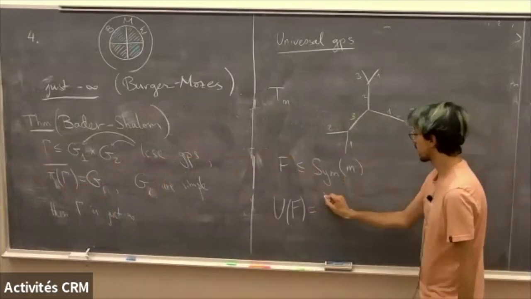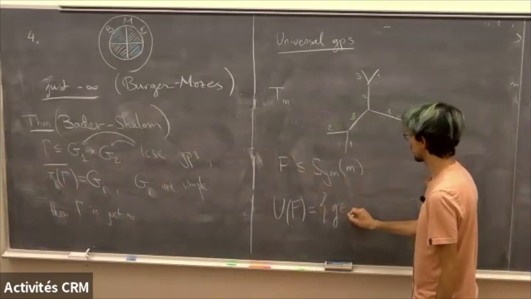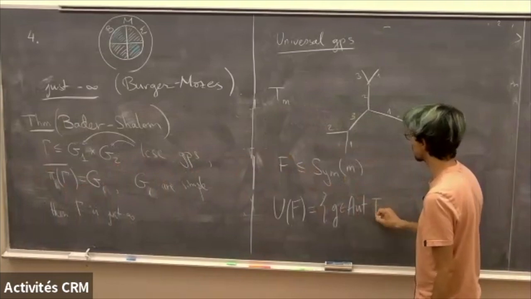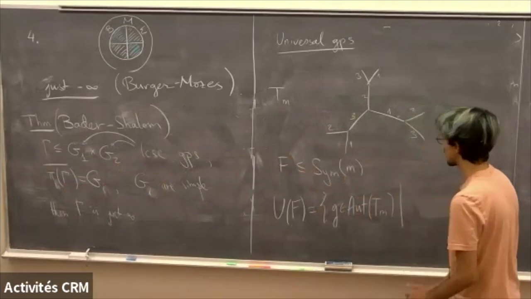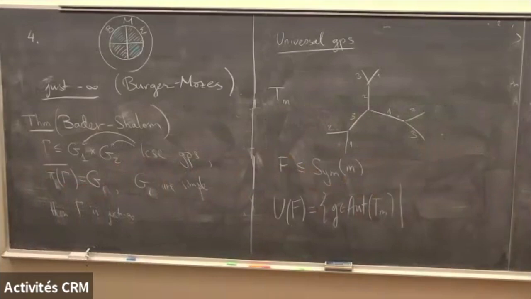will just be all elements g in the automorphism group of the tree such that whenever I look at what g does locally, it takes a vertex somewhere, it takes the edges incident to this vertex to edges incident to the image, so it induces some permutations on the colors.